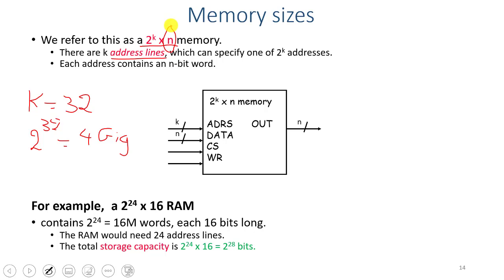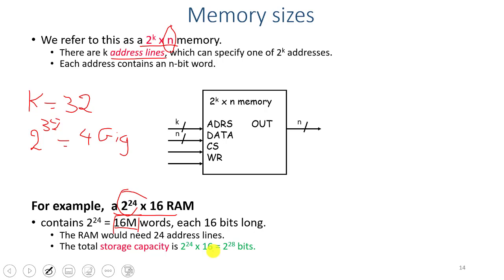Okay, so for example, if I have a 2 to the power 24 RAM, how many words can I store? It is 2 to the power 24, which is 16 mega words. How did I get 16 mega? It's 2 to the power 4 multiplied by 2 to the power 20.